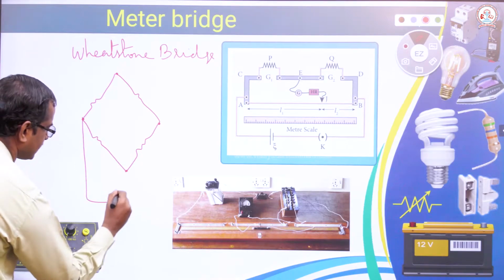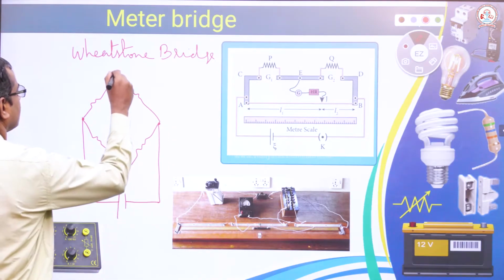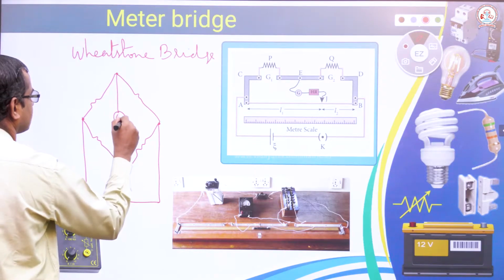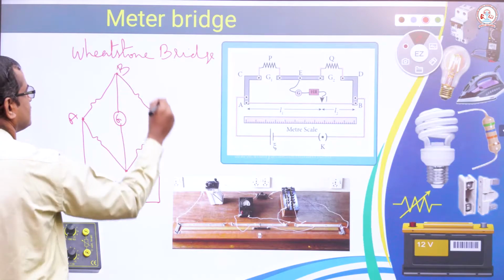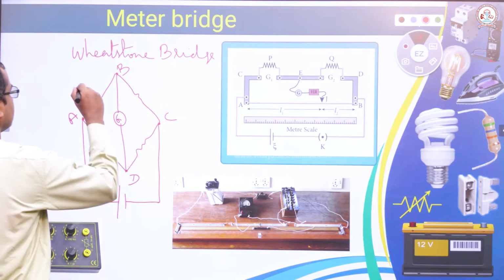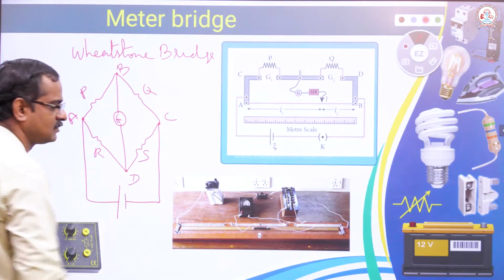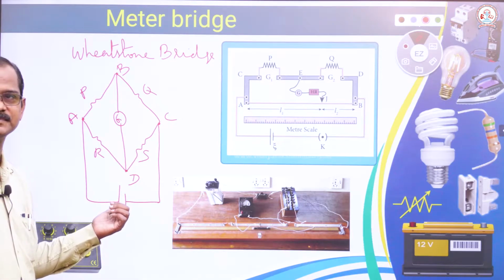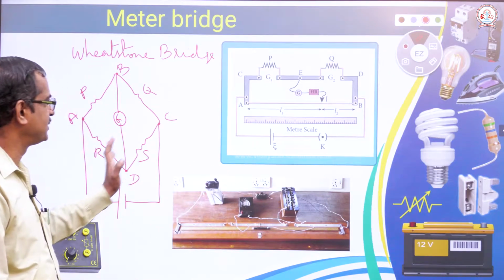The battery is connected here, and a galvanometer. Let these points be A, B, C, D, P, Q, R, S. This is the Wheatstone bridge. The modified form of the Wheatstone bridge is the meter bridge.